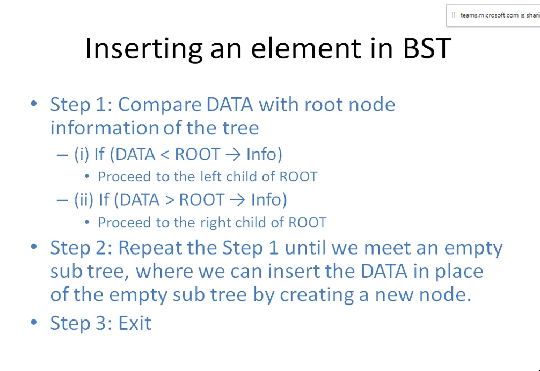Step number 2, repeat step 1 until we meet an empty subtree where we can insert data in place of the empty subtree by creating a new node. So you have to repeat step 1 until you meet an empty subtree where there is space for data insertion.